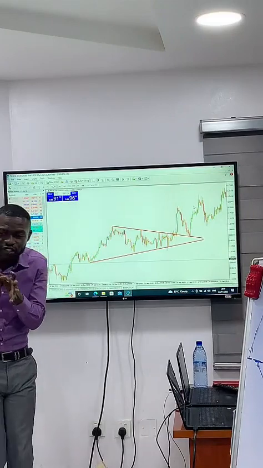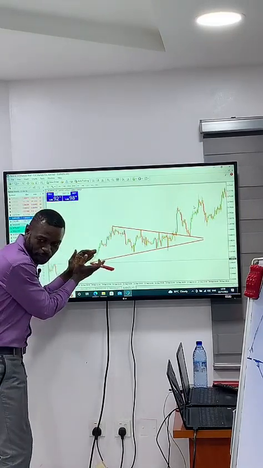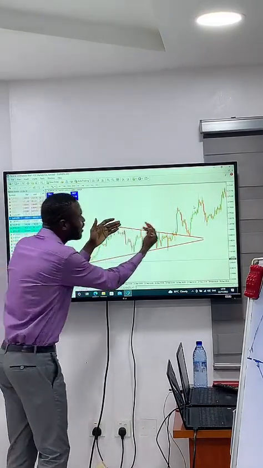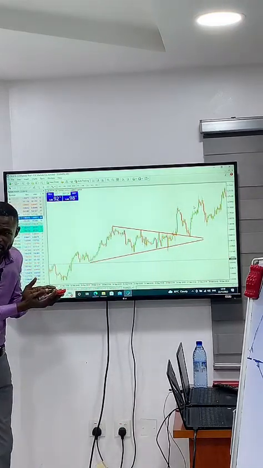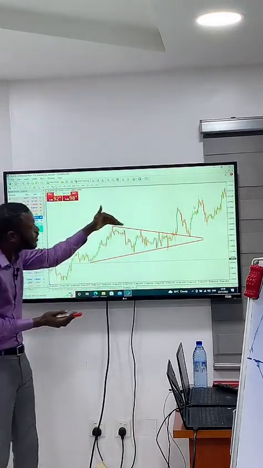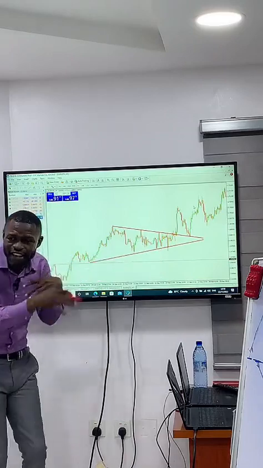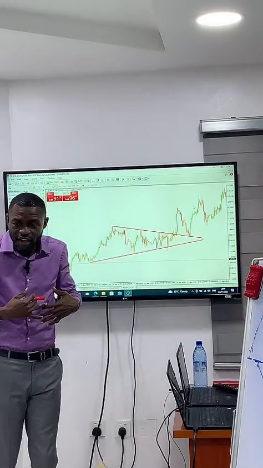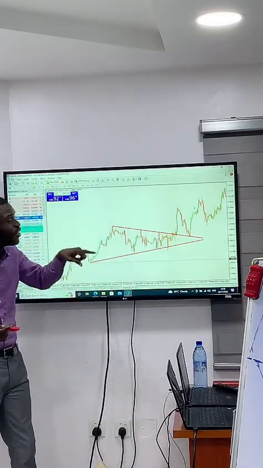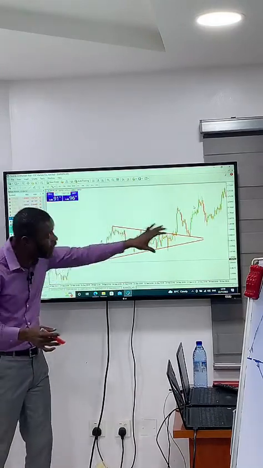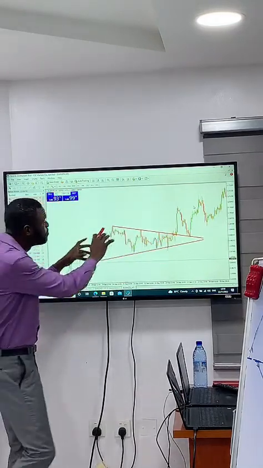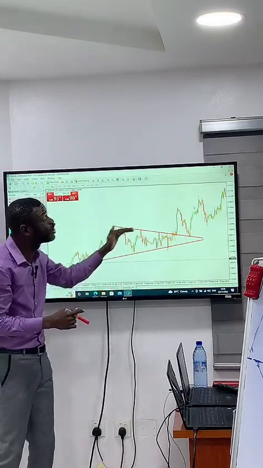But if you understand how to identify that these patterns you see there are sometimes corrective patterns, continuation patterns rather, that the market would make, when it makes them, it's not trying to tell you that it wants to change the trend.